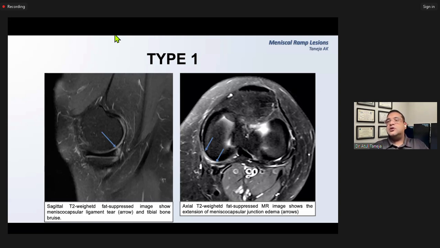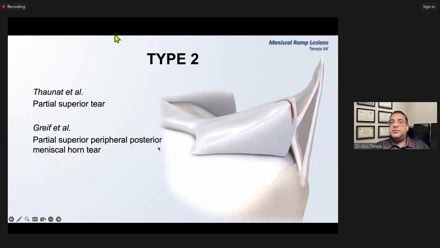It's a meniscocapsular tear. So it means different, it needs a specific approach during surgery to repair that. Okay, so type 1, meniscocapsular ligament tear, or just meniscocapsular edema, or meniscocapsular sprain, you name it.